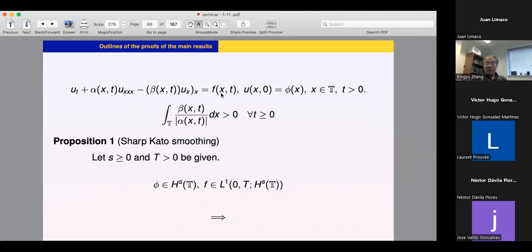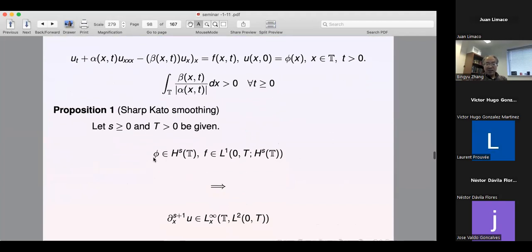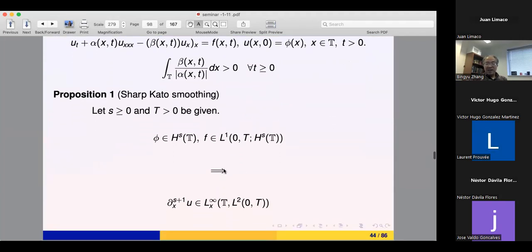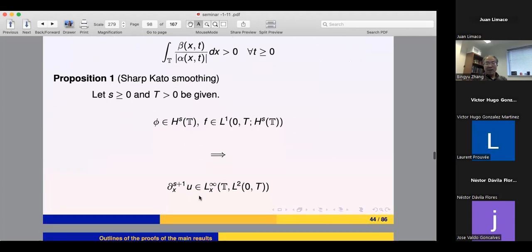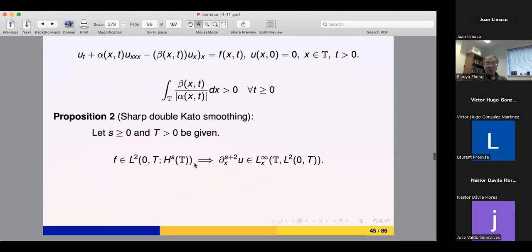I put a forcing term f here. We only need to prove the following three propositions, which are linear estimates. If the initial data phi belongs to H^s and f belongs to L^1, then we have a sharp Kato smoothing for this linear problem. Next, we have a sharp double Kato smoothing.